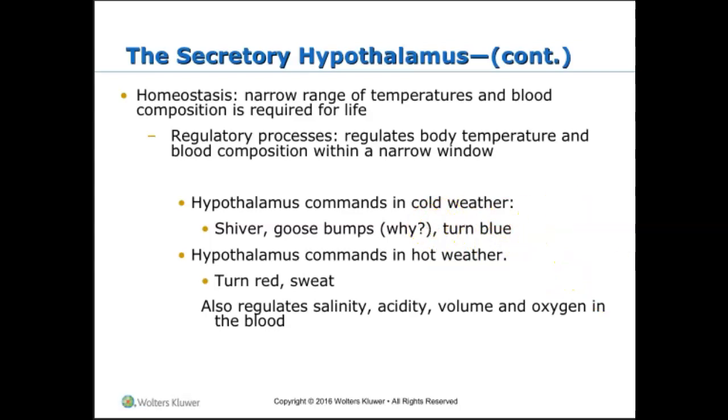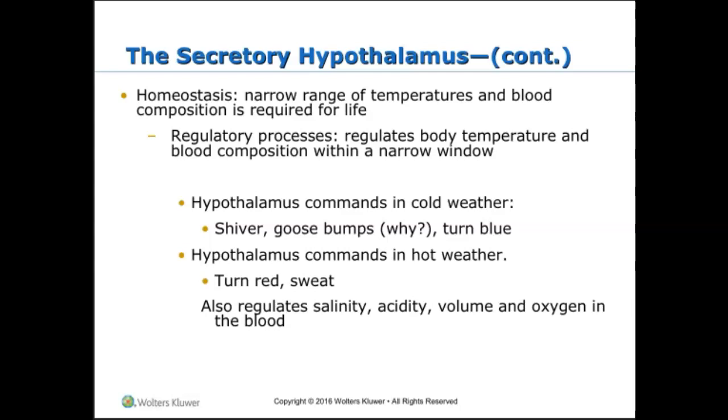What is actually happening? Well, the hypothalamus is commanding the body to selectively cut off circulation to the less important parts of our body, that would be the extremities. So we begin to turn blue while keeping the core temperature as high as possible, meaning keeping the brain and the visceral parts of our body as warm as possible and allowing them to function.